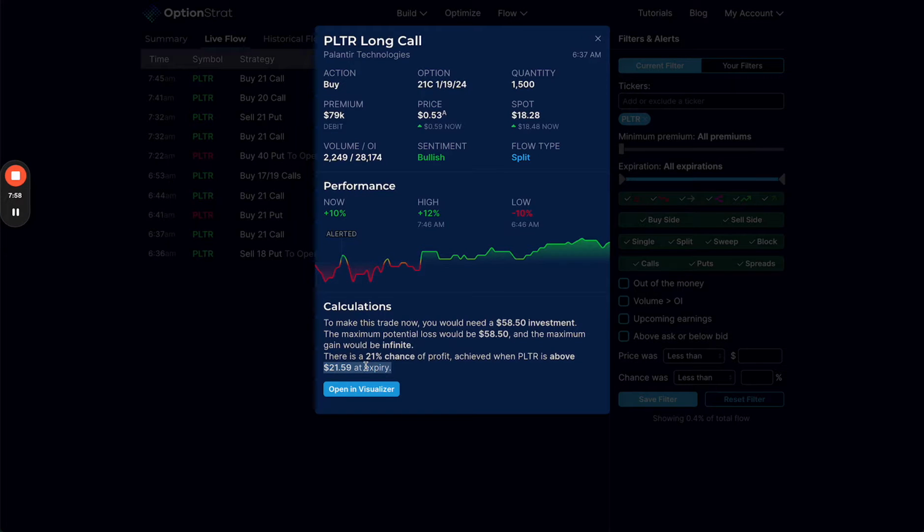But right now it's telling us that in order for this trade to break even or be profitable, the price of Palantir at expiration is going to have to be above $21.59. So we have to hold that opinion in order to make this trade. If you don't think it's going to be above that price come January 19th, there would be no sense in making the trade.